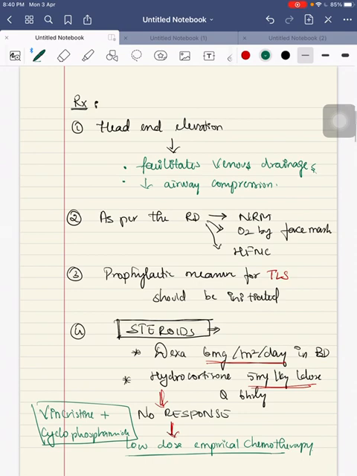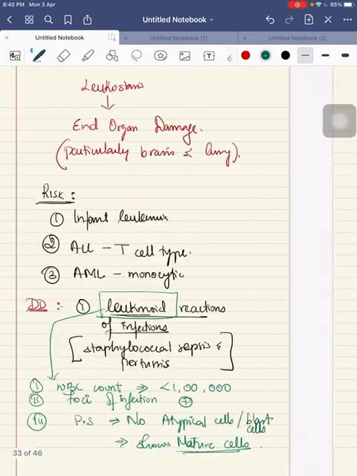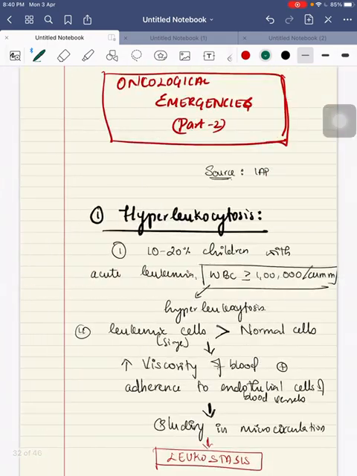Okay, so you can start a low dose of vincristine with cyclophosphamide. This may help in tumor reduction and reduction in the distress. This is the treatment management of superior mediastinal syndrome.